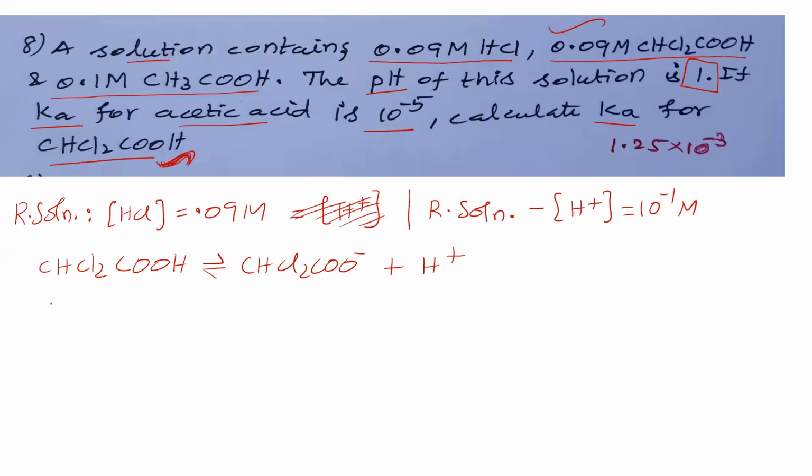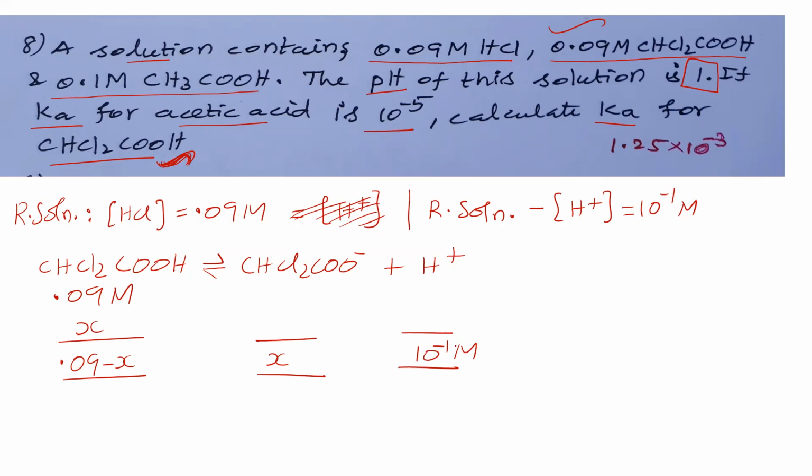Now, for dichloroacetic acid, what is the concentration given initially? That is 0.09 molar. So we are taking 0.09 molar dichloroacetic acid. It is dissociating X molar. So remaining is 0.09 minus X. Dichloroacetate ion produced is X molar. The concentration of H plus, write 10 power minus 1 molar.